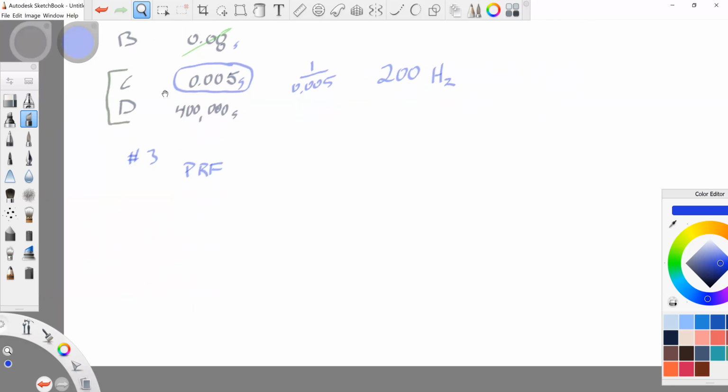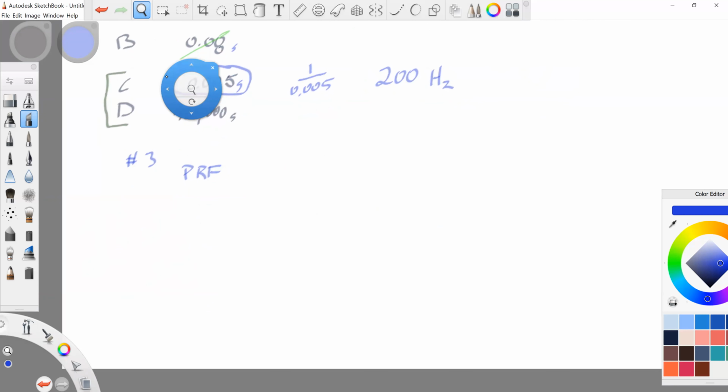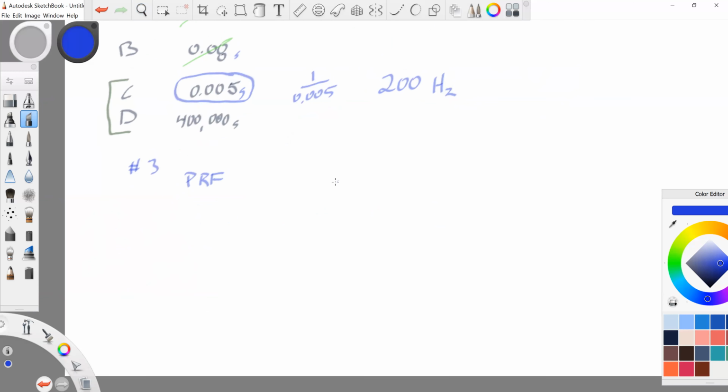Well, it's still arrow up, arrow down, right? Because they're asking for the shortest pulse repetition period, we're looking for the smallest, so we must be looking for the biggest number over here. The smallest number over here has got to be equal to the biggest number over here.